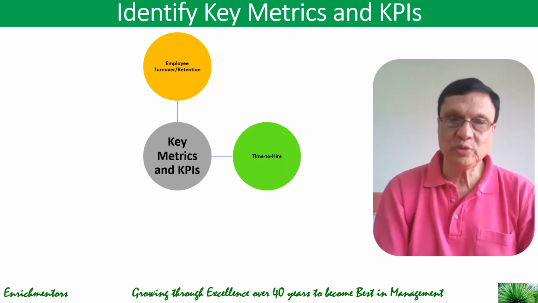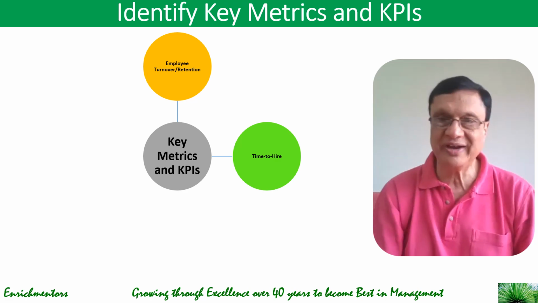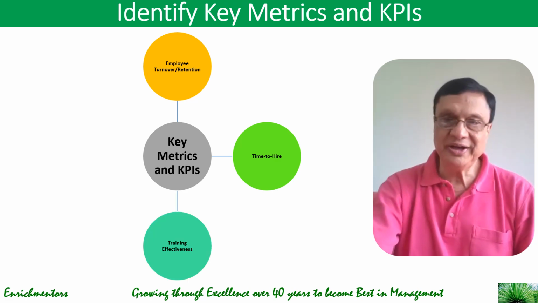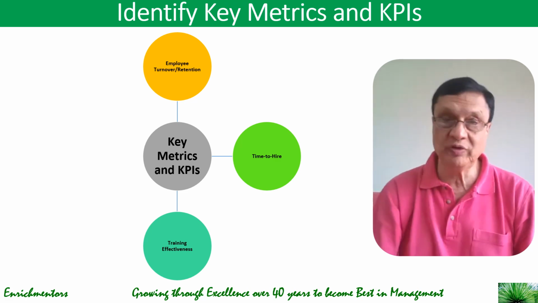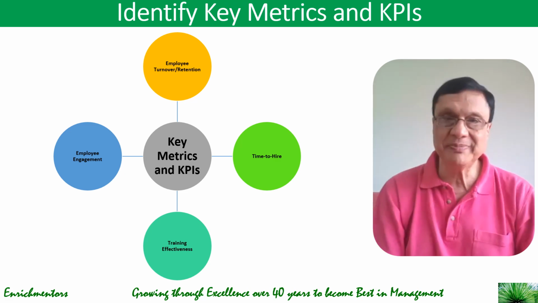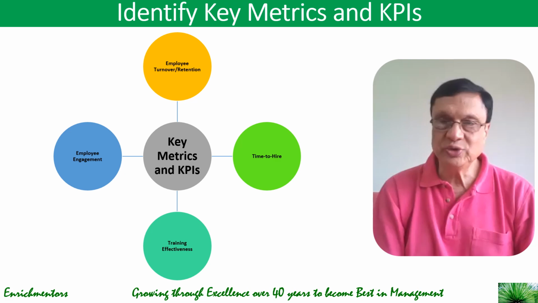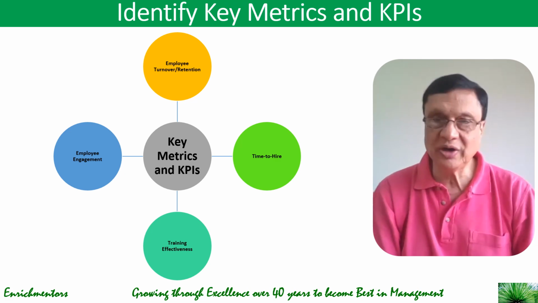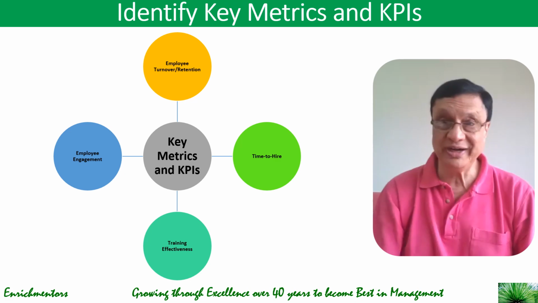Time to hire could be another KPI, where you can analyze recruitment timelines to identify bottlenecks. Training effectiveness could be another one, with which you can learn how the learning impacts performance over time. And employee engagement is another important KPI, where measuring such levels you can predict productivity or dissatisfaction or satisfaction and even the turnover rates.